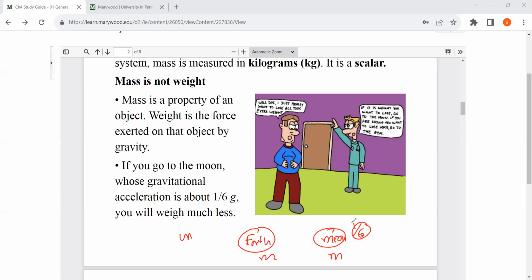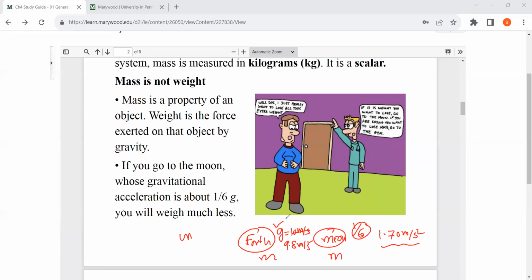That's because the gravitational acceleration here is about 10 meter per second square, I mean 9.8 meter per second square on Earth. On the Moon, it is 1.70 meter per second square. It's about 1/6. Because the gravitational acceleration is higher on Earth, the gravitational force or the weight of an object is higher on Earth.